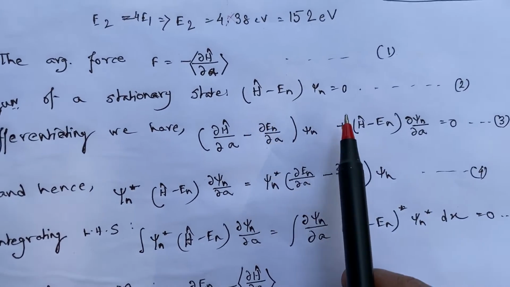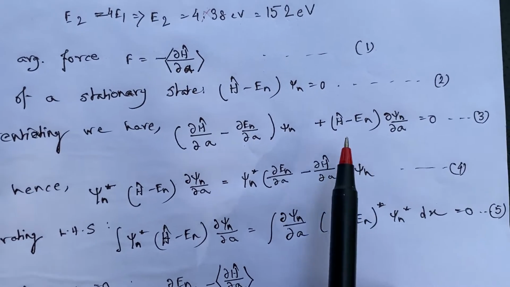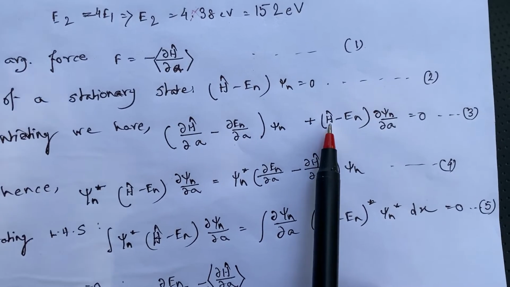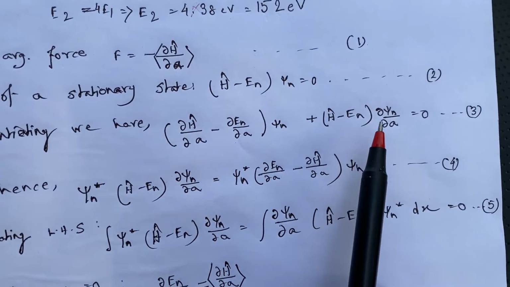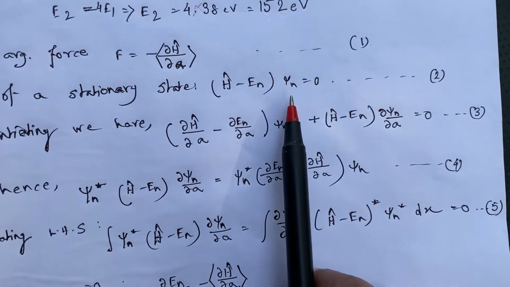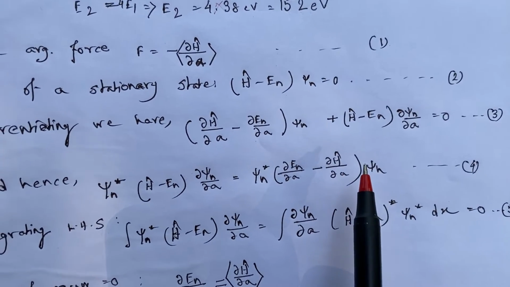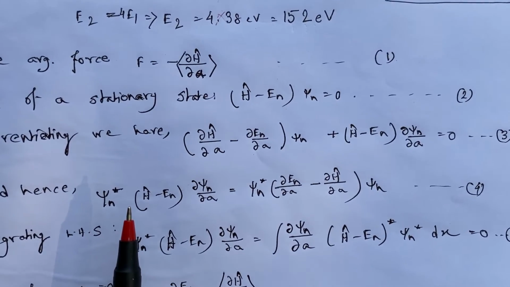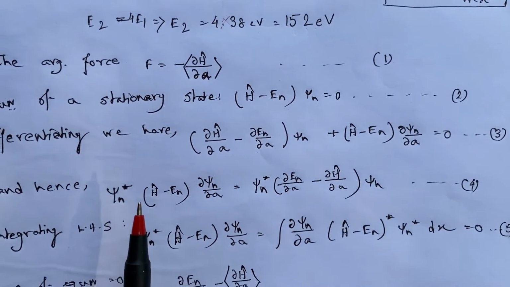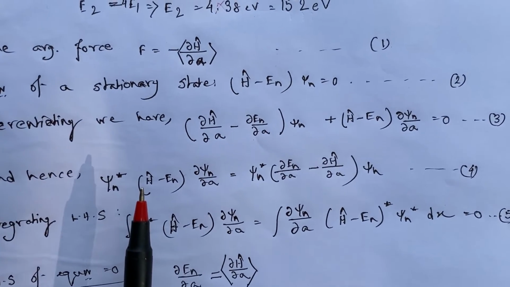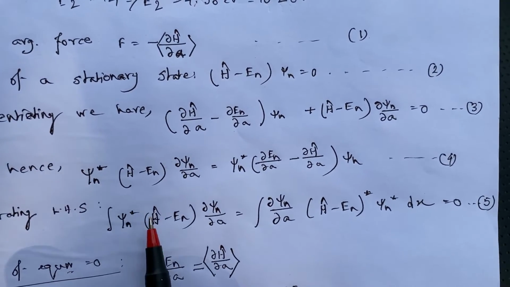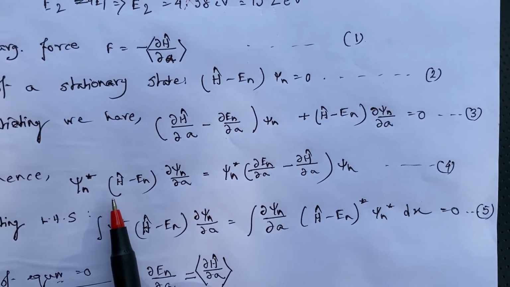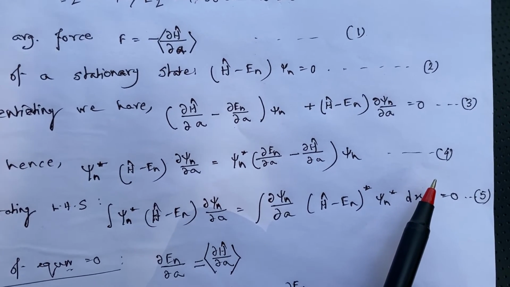If we differentiate this equation, we will get this, because first we need to differentiate these terms, psi n constant, then we need to keep this energy term constant, and we need to differentiate the psi n wave function. This is equation 3. So if we multiply with the psi n star, since generally we consider the wave functions as complex quantities, we get equation number 4.